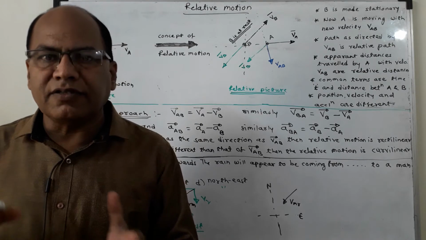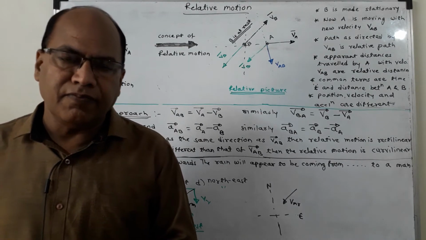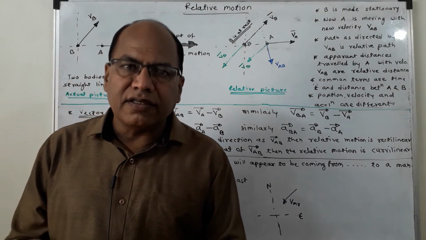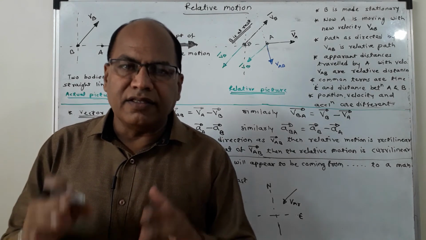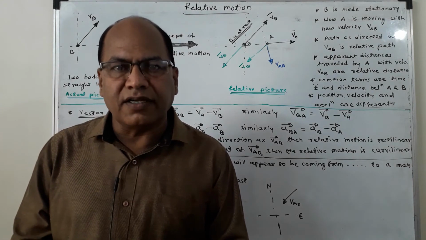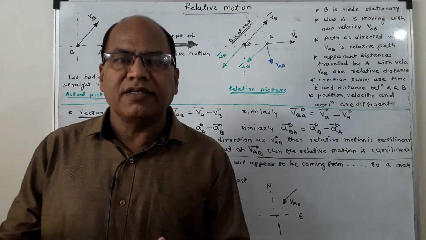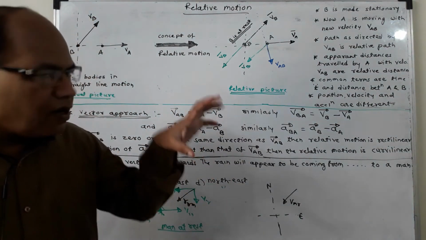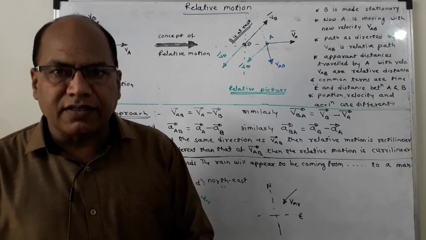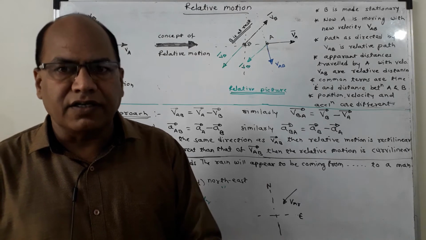Similarly, acceleration is also a vector quantity, and this acceleration can also be expressed as Ax i plus Ay j. So every velocity and acceleration can be expressed in vector form.